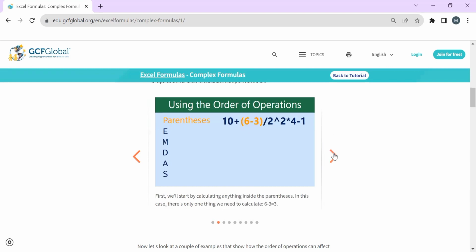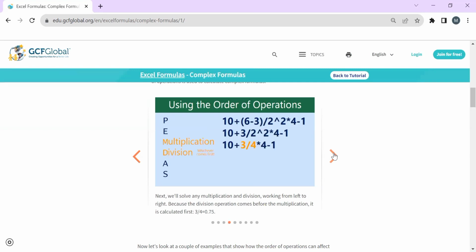So, first, we will start by calculating anything inside the parentheses. In this case, there's only one thing we need to calculate, which is 6 minus 3, and the answer for that is 3. For the next step, we will calculate the one with the exponent, which is 2 to the power of 2, and the answer is 4.